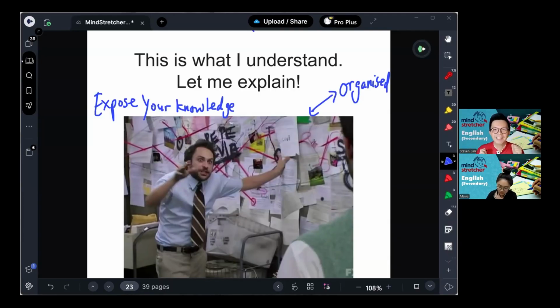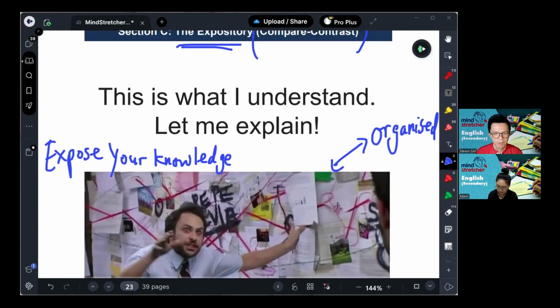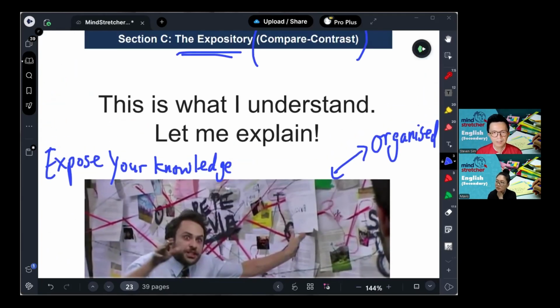You explain it in an organized fashion so that it's easy for the reader to understand. So the job which you have when you're writing an expository essay is that you must look at it from the reader's point of view. It's not about you.